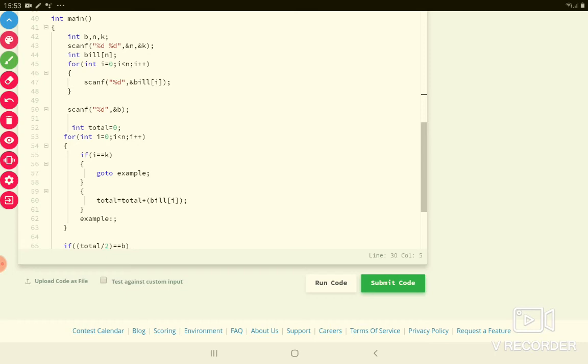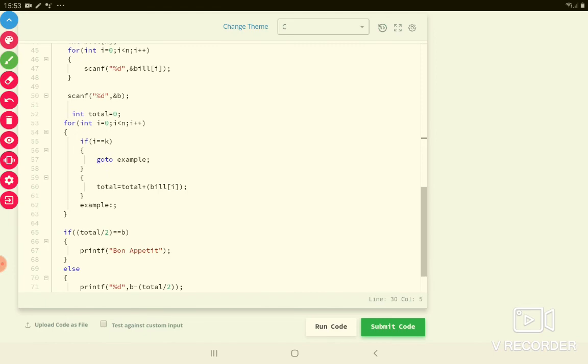The for loop is initialized with i equal to 0, i less than n, i plus plus.